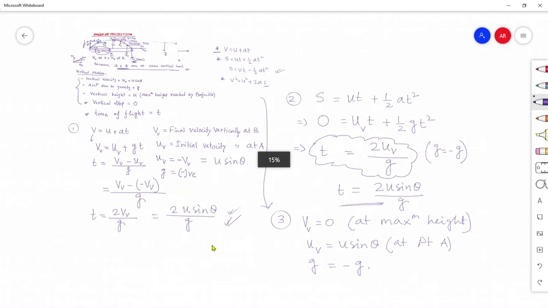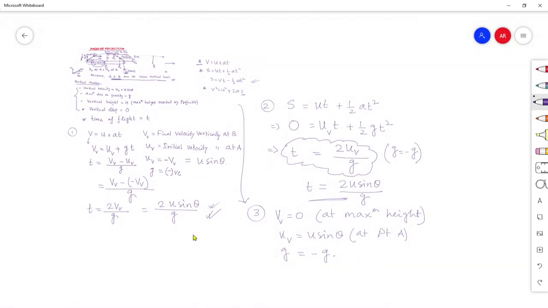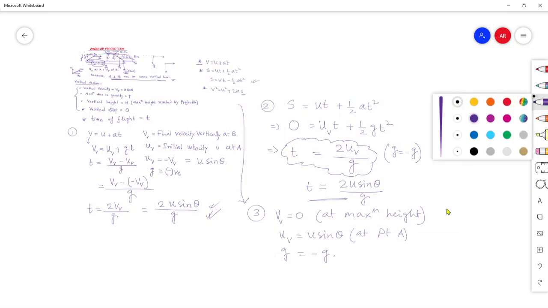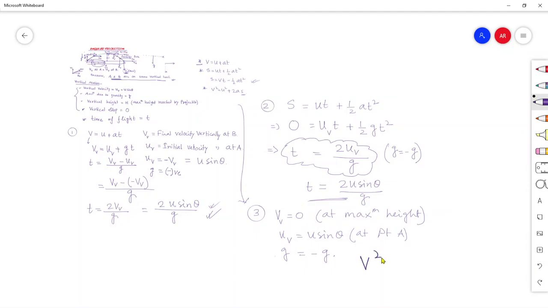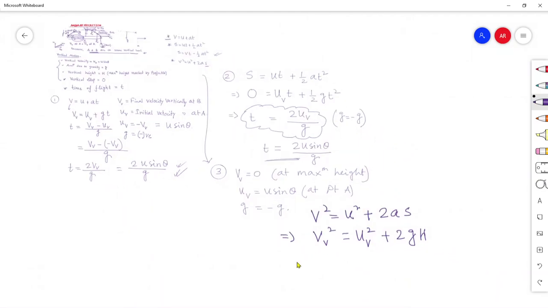So now if we just make use of this equation, v squared equals u squared plus twice as. Right here we are going to write down vertical velocity squared equals initial vertical velocity squared plus 2gh, big H. In terms of s, we write big H here. This is how we symbolize here.